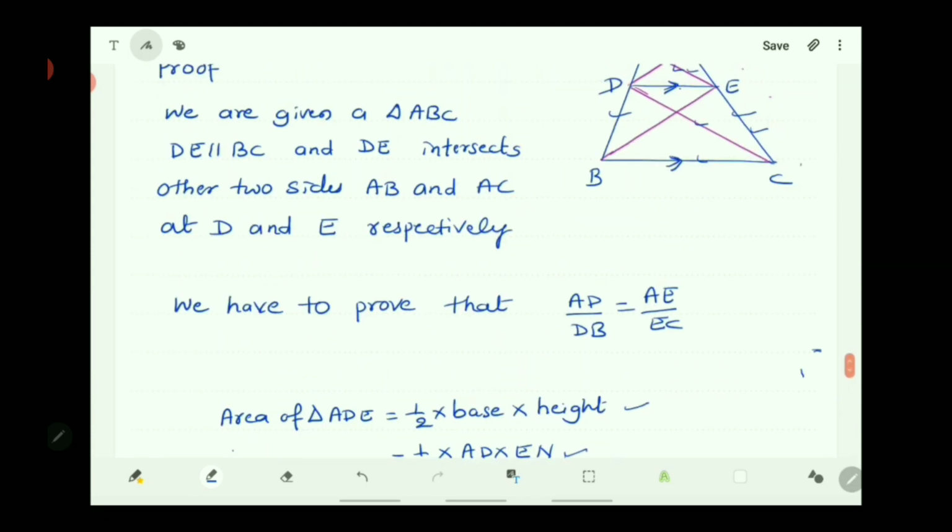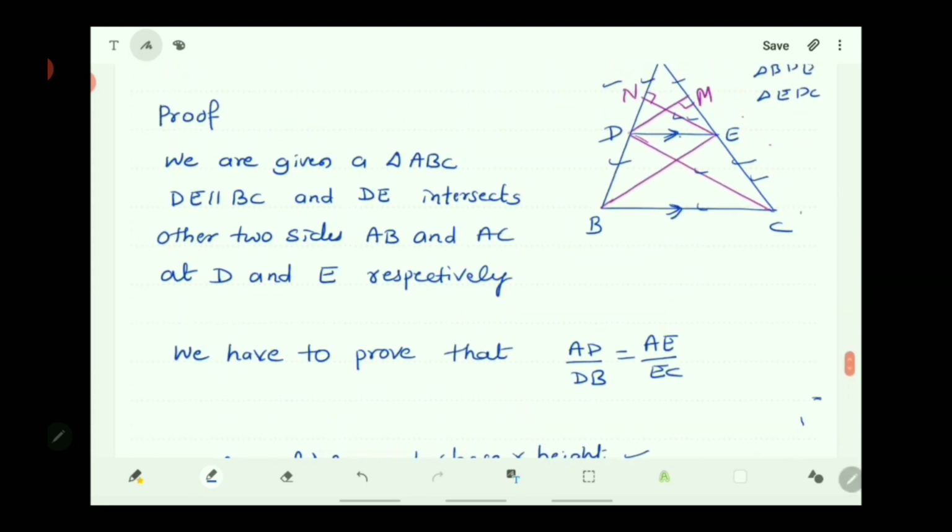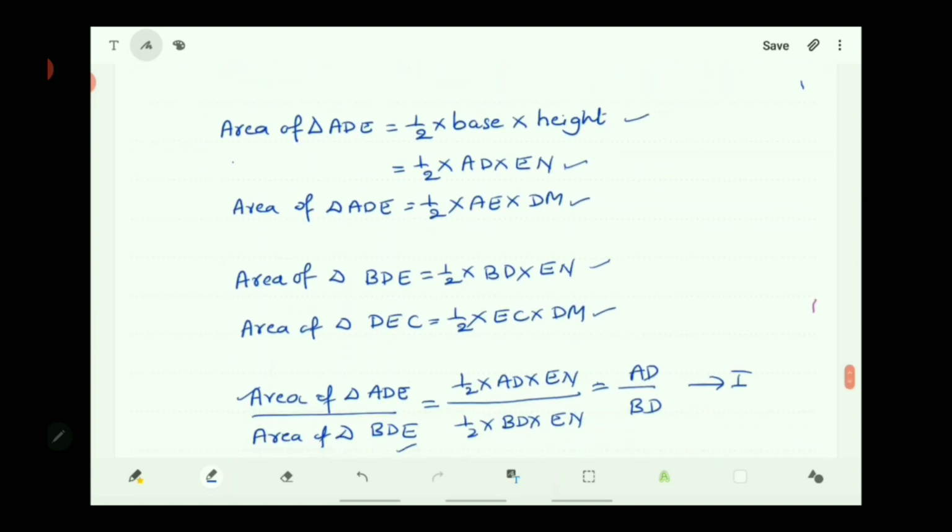If you observe these two triangles BDE and DEC, they are on the same base DE and between the same parallels DE and BC.